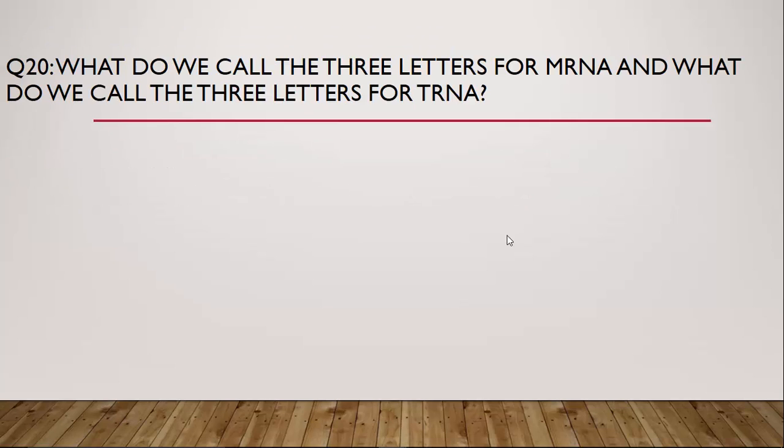Number 20. So what do we call the 3 letters for mRNA and what do we call the 3 letters for tRNA? Well, we've already said this. We said mRNA are codons. Codons are also found in DNA. So when we're talking about codons, we're talking about the 3 letters for mRNA and DNA. And it's any 3 letters.